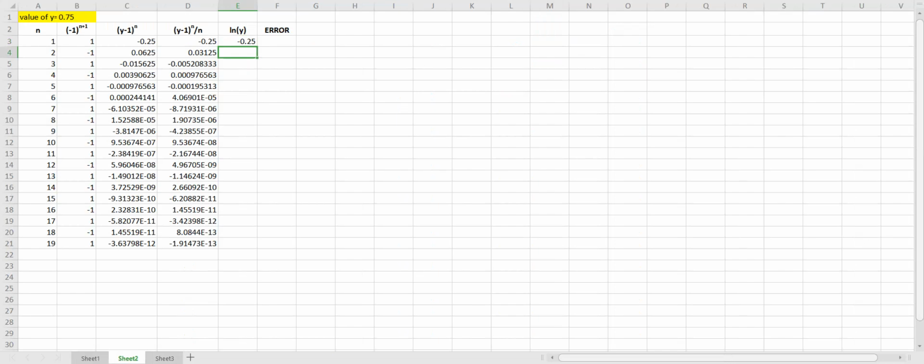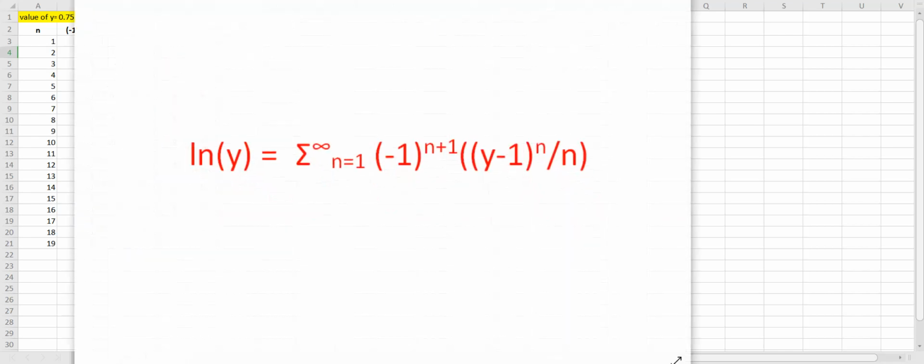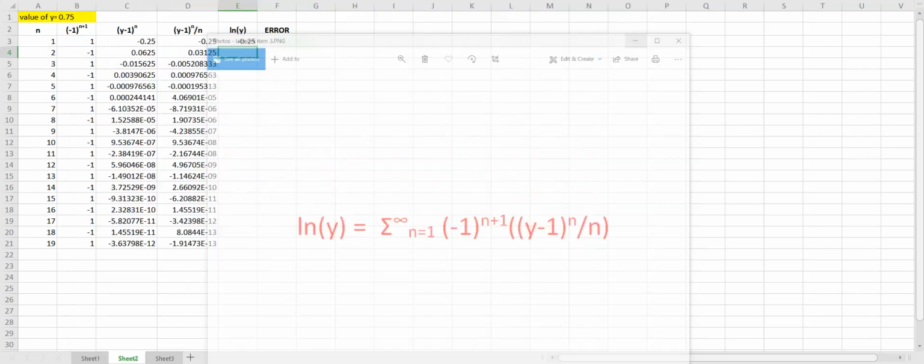Now, since we're talking about a summation, we need to get the sum.